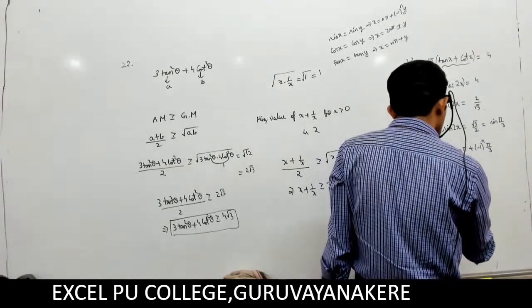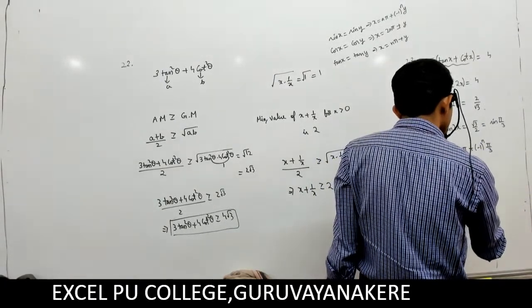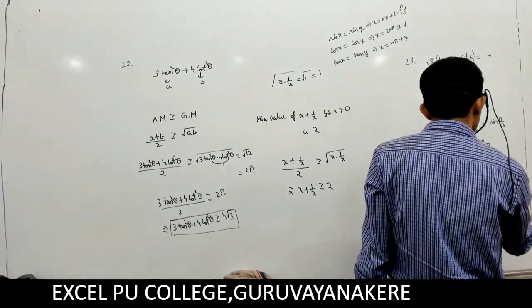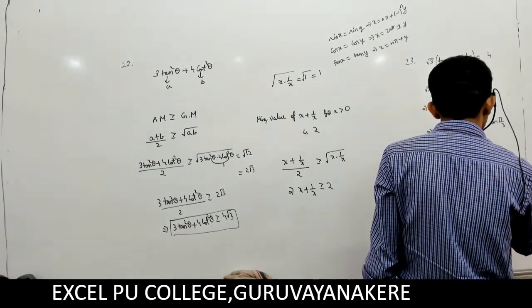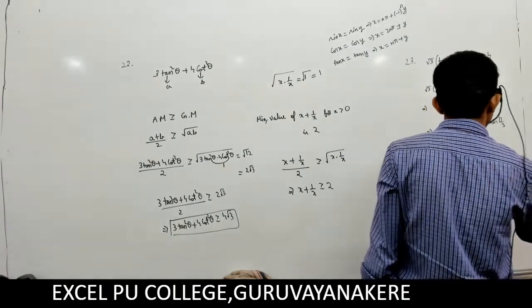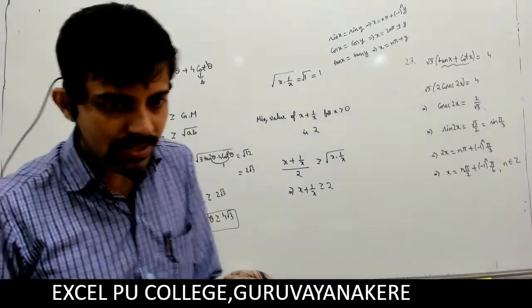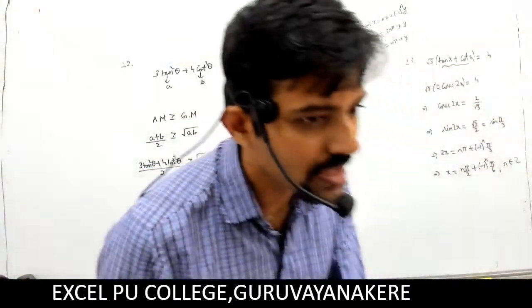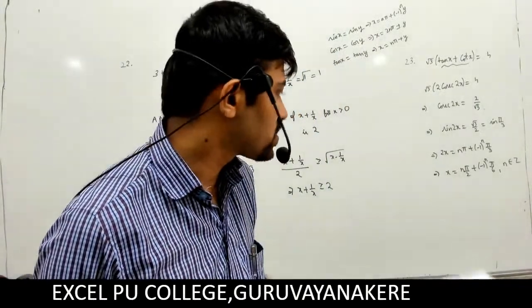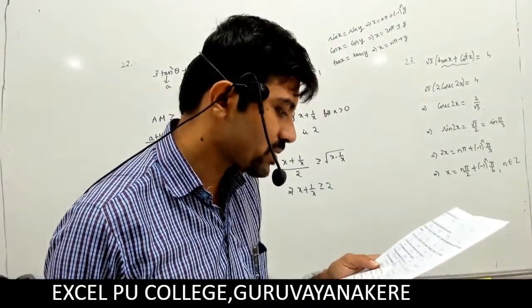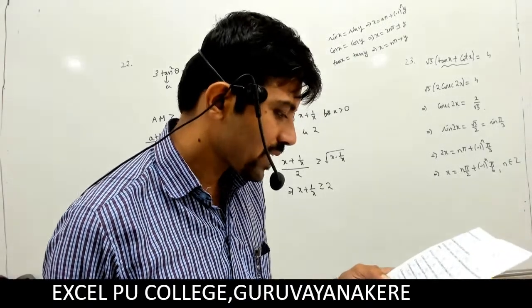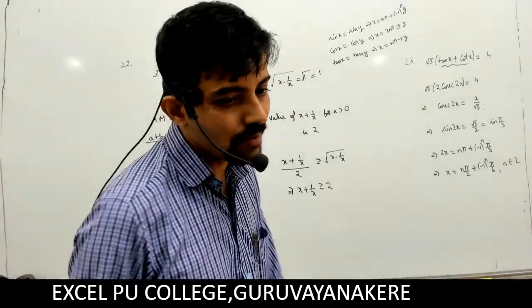Or you divide the entire equation by 2. x equal to n pi by 2 plus minus 1 to the power n pi by 6, n belongs to z. General solution of the given trigonometric equation. So answer is second option. n pi by 2 plus minus 1 to the power n pi by 6.